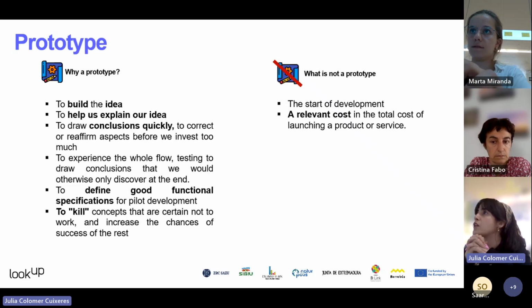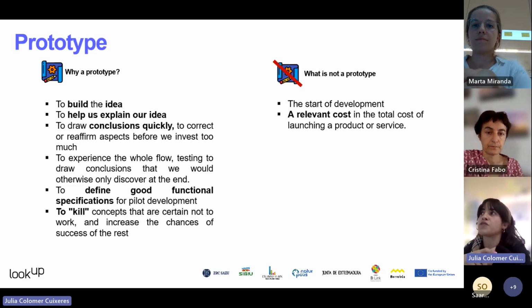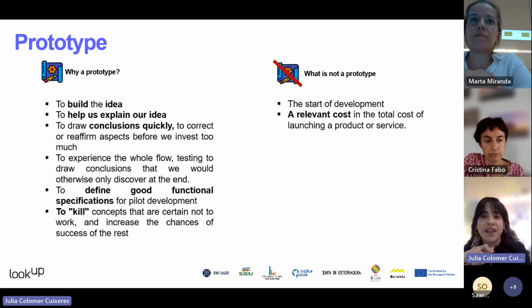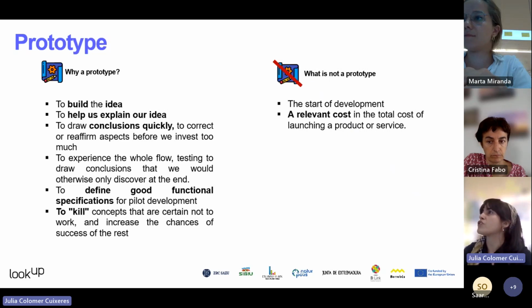Yes, then exactly, you can define with the functional specification even other features that you maybe didn't think about, and then you realize that it could be even better, and of course kill the concepts or features that don't make sense. So you can save money and costs.